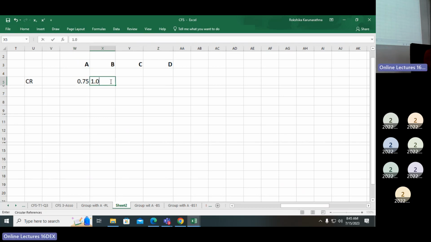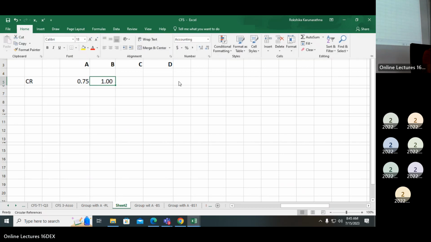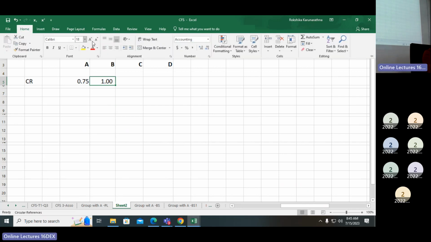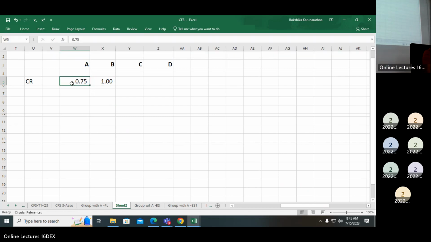If the current ratio is 1, still we say we have a problem. The reason is, now one can think, okay, to settle 1 rupee current liability, we have 1 rupee current asset, so no problem. No, we have a problem here. The reason is current asset includes inventories.